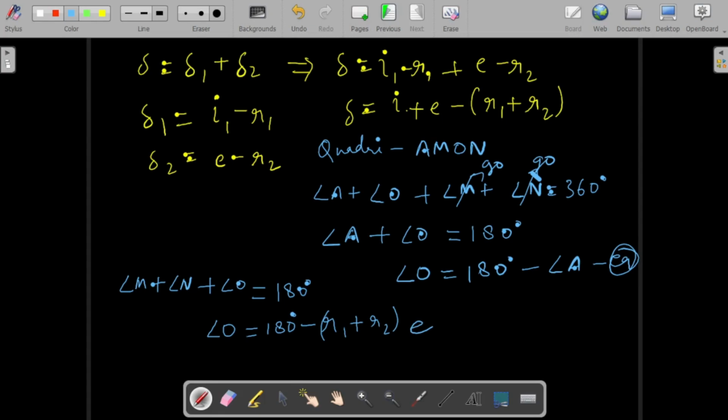Now, comparing these two equations, we can see that the LHS is equal, that is angle O. So we can equate the RHS.